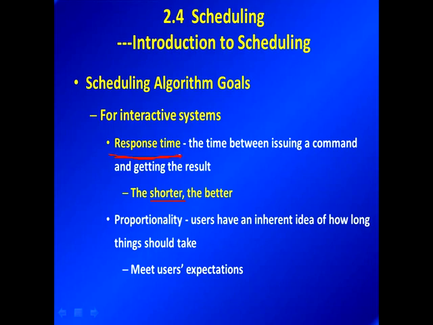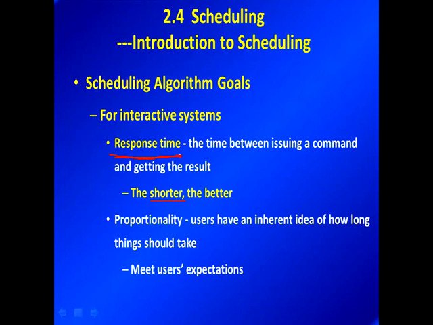But if you are typing something into Word, you expect that the characters you just typed immediately show on the screen, right? You won't give the computer maybe more than 1 millisecond to show those characters.